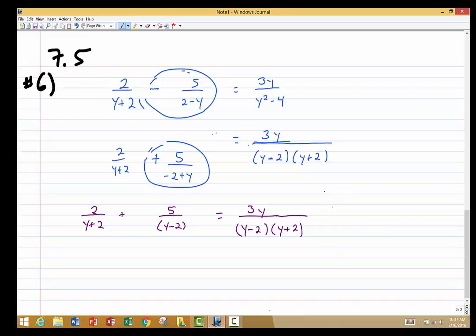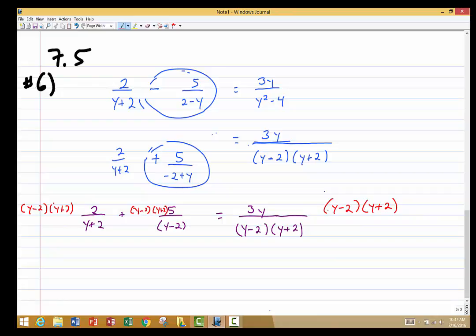So now the value I want to multiply everything by is this y minus 2, y plus 2. And whenever I do one side, I got to do everything on the other side. y minus 2, y plus 2.